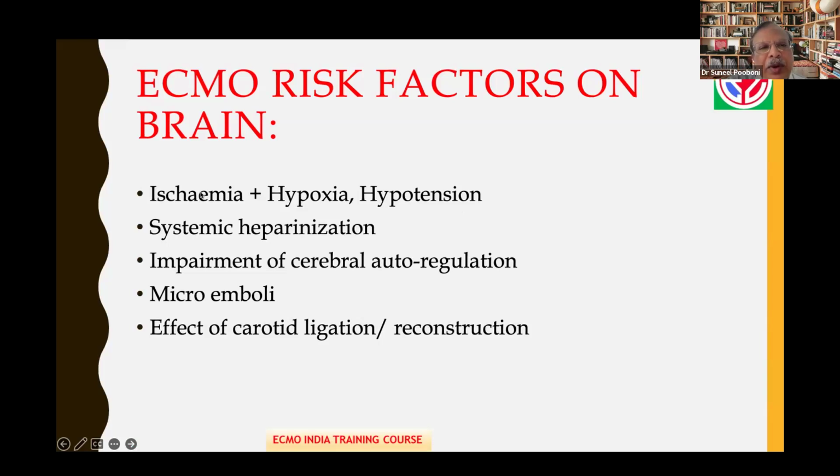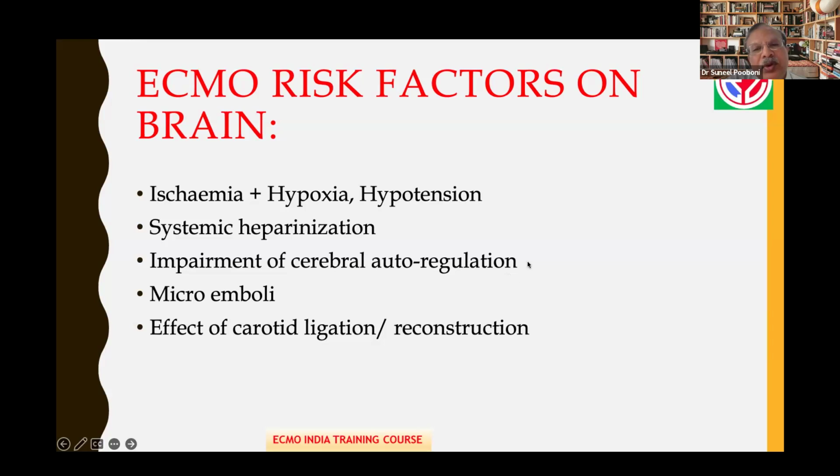So when a complex interplay between these three things is happening, patients tend to bleed into an ischemic area. That is very, very important. Systemic heparinization can worsen it if there is a pre-existing ischemic focus, but otherwise they don't let any patient bleed into normal tissue.